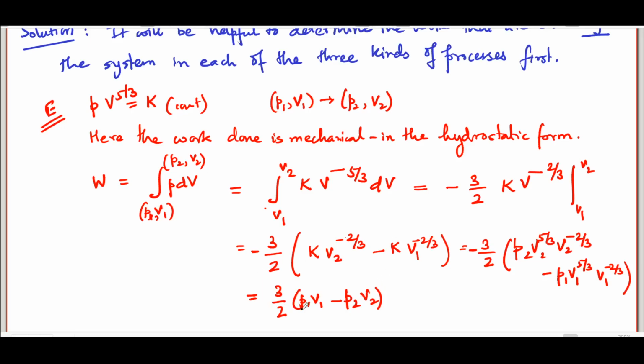Here, on the other hand, instead of slowly expanding the gas, you could have also slowly contracted the gas, in which case, of course, you will get exactly the opposite result and the work done would then become positive. Once again, note that we are talking in each case about work done by the system, not on the system.